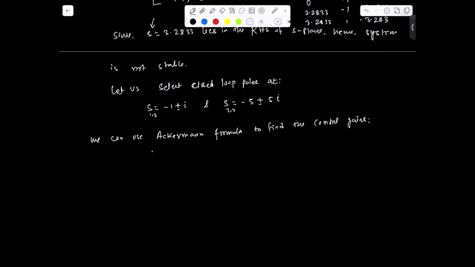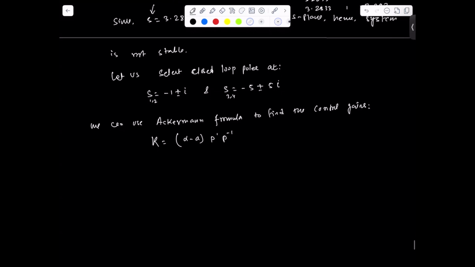For that, we have already found the formula: K equals the row vector (alpha minus a) times the transpose of P inverse, right?